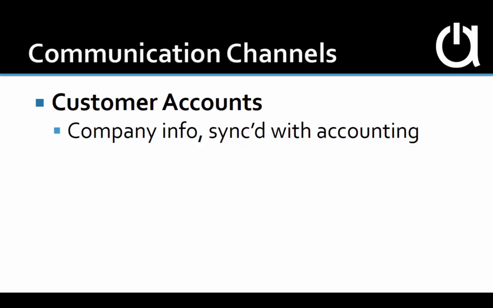Since Acctivate synchronizes customers both ways to QuickBooks, the users can update the main customer information such as the name, address, phone number, whether they're in Acctivate or QuickBooks, and see changes in both places after you synchronize. This really comes in handy when you have people using one or the other system and not both, or even if you've got people that are in both systems, so that way whatever they're updating is being synchronized over, at least the main customer information.